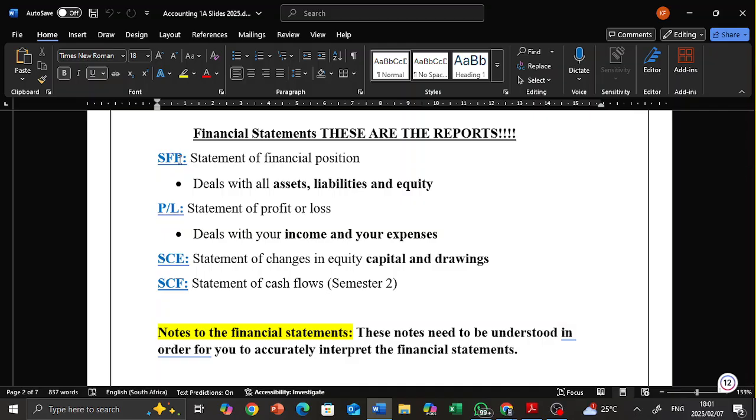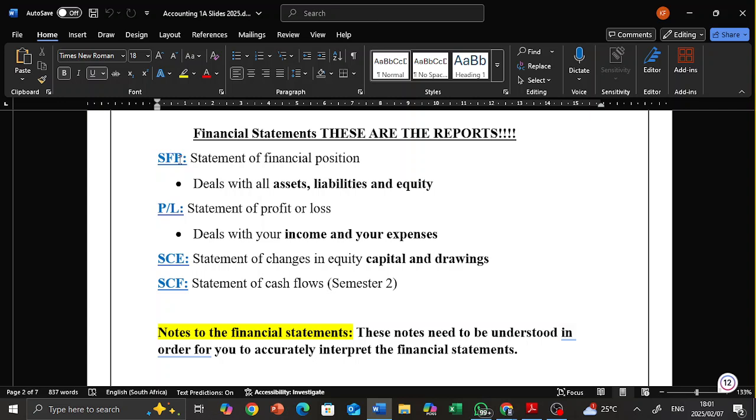Because I want to show that this machine, the transaction, is going to be included in the statement of financial position. Okay? Because assets, liabilities, and equity go into the statement of financial position.